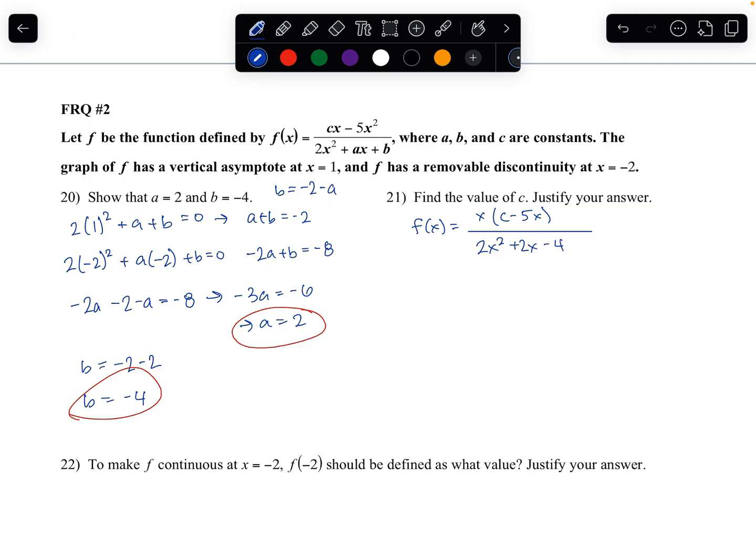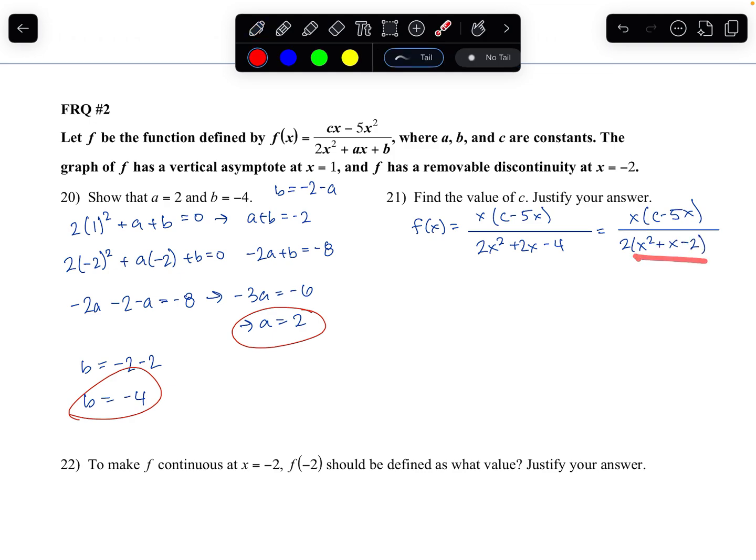All right, I'm also going to factor this. The greatest common factor here is 2, so I'm going to pull out a 2. So we have x, c minus 5x over, pull out a 2, that's going to leave me with x squared plus x minus 2.